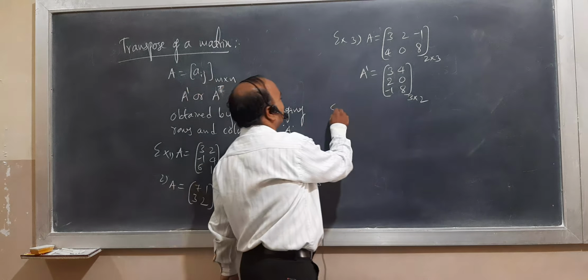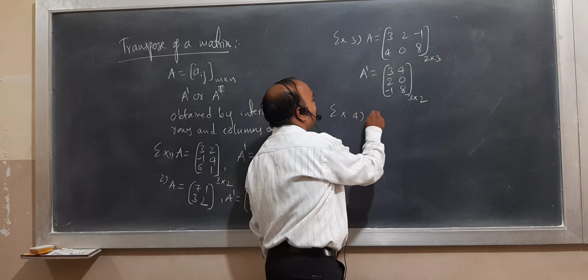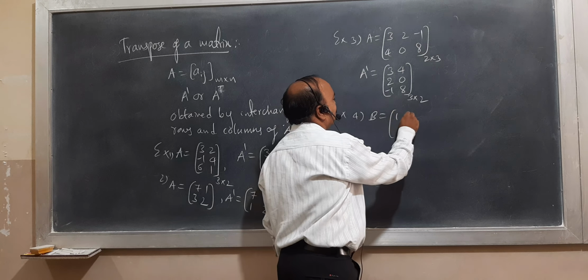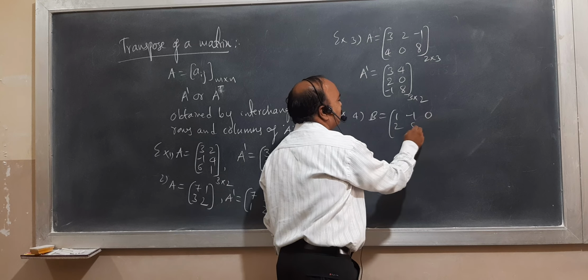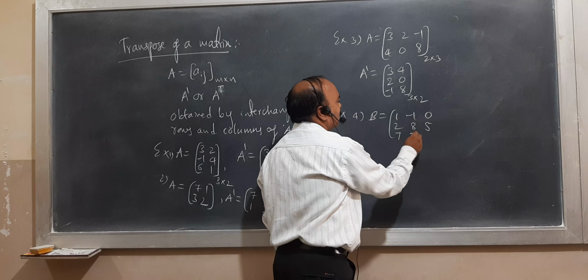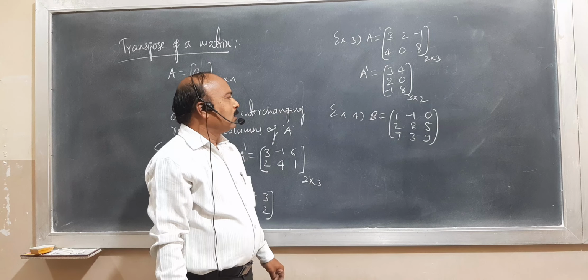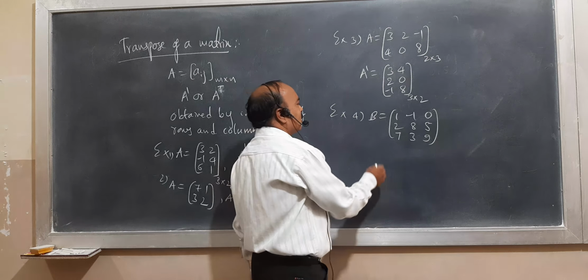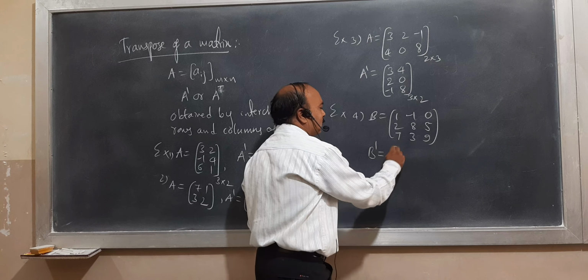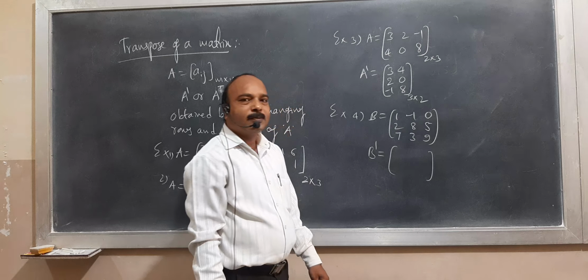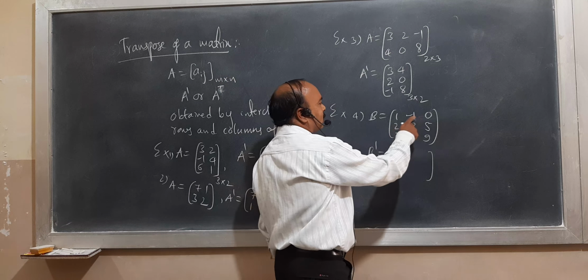Now you take another example. B equal to [1, -1, 0; 2, 8, 5; 7, 3, 9]. It is a given matrix of third order. Then its transpose is given by B dash. How can you write B dash? Now you change rows into columns.